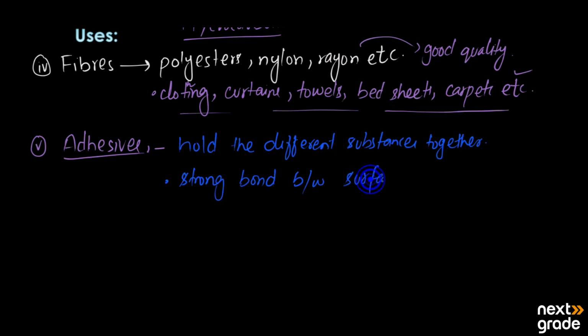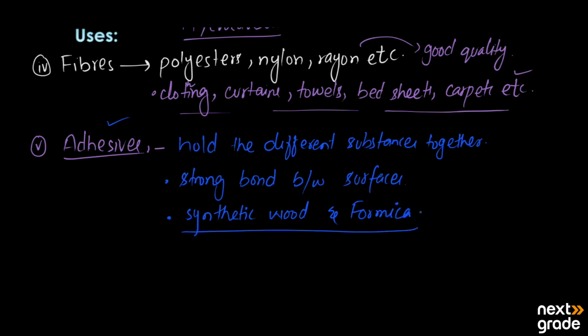That is why hydrocarbons are used in the manufacturing of adhesives. They are also used in the manufacturing of synthetic wood and formica. So we have a lot of examples of hydrocarbons around us and their main applications.